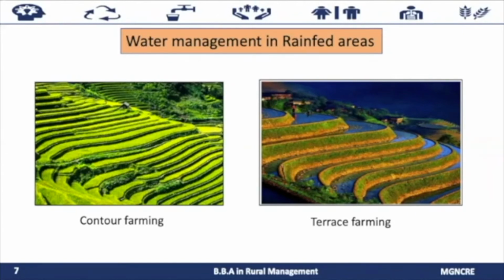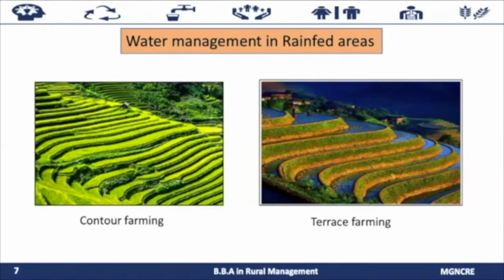So coming to terrace farming, broad flat steps are made on steep soil at right angles, so that a flat surface is available to grow crops. This also prevents the washing away of soil nutrients by the rain.